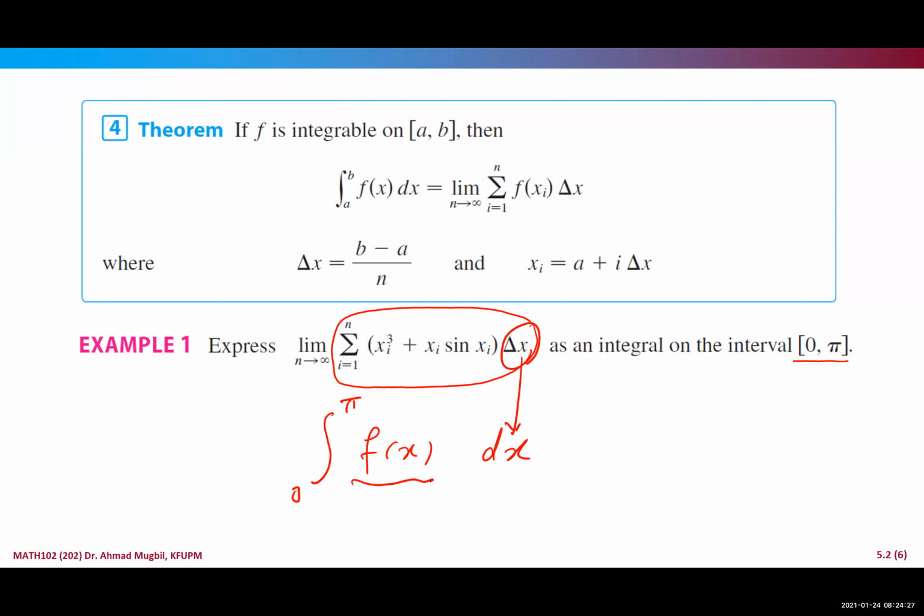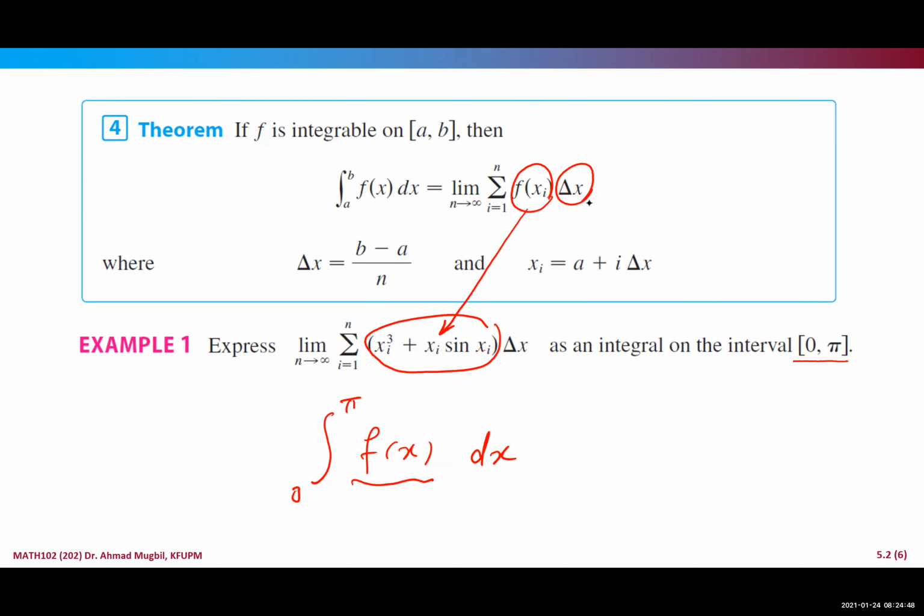If you compare this with this, you can see clearly that this is delta x, and this is f of xi. So it is clear that f of xi here is xi to the power 3 plus xi sine xi.